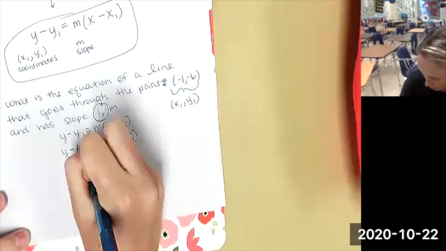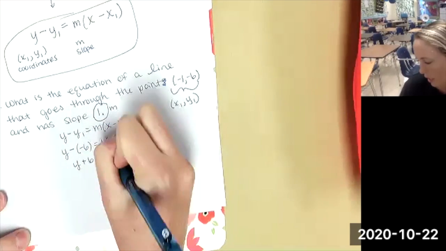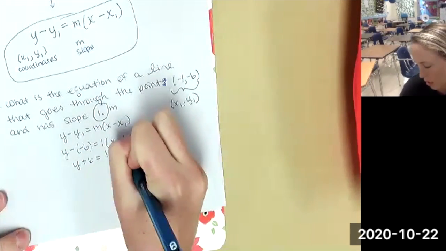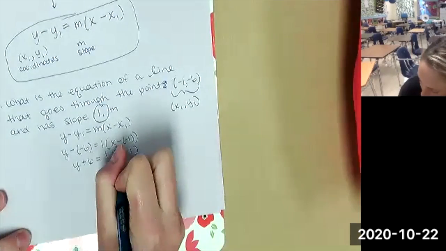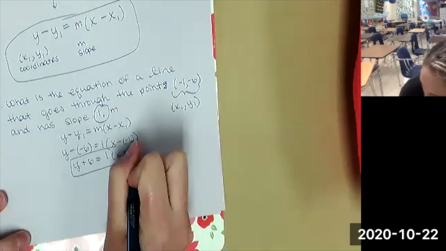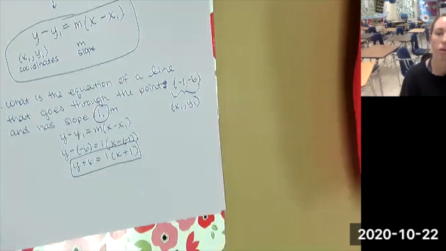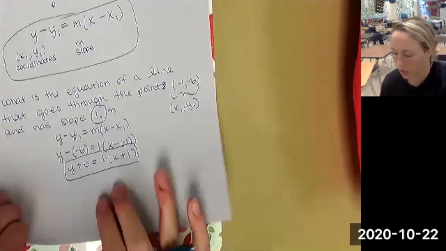So we've got y plus 6 equals 1 times x plus 1. And we get to stop there because that's point slope form. Normally for slope-intercept form, you would have to solve for y afterwards, but for point slope, you get to stop right there. So let's take a look at the next one.